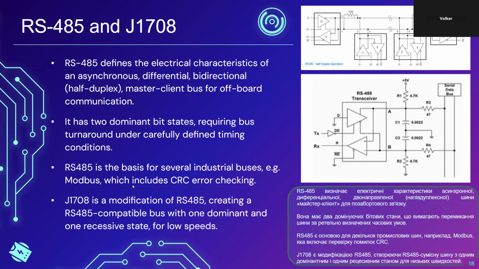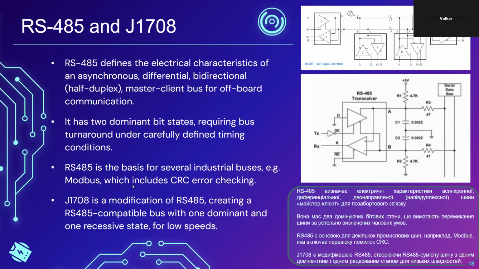I mean, of course, it is possible for two transceivers to start sending at the same time, and that is technically an error condition. But it doesn't create the short circuit currents that you would get with a pure RS-485 driver. So the J1708 implementation is to be used when you need an off-board bus that is differential and can go a long way, but at the same time is very low power.